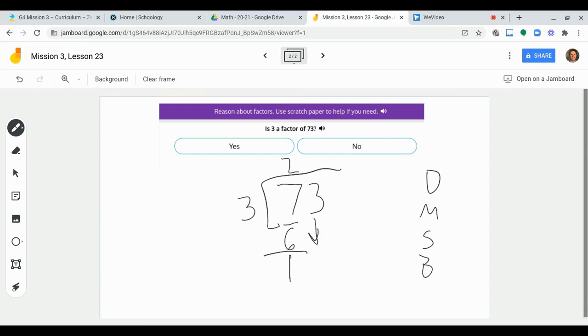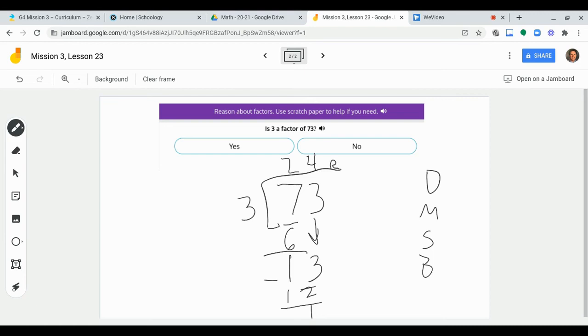I bring down the 3, so it's 13. Then I start the process over, so I divide again. 13 divided by 3. How many times can 3 go into 13 without going over? Let's see. 3, 6, 9, 12. 15 would be too high. So 4 times, because 3 times 4 is 12. Then I subtract. 13 minus 12 is 1.